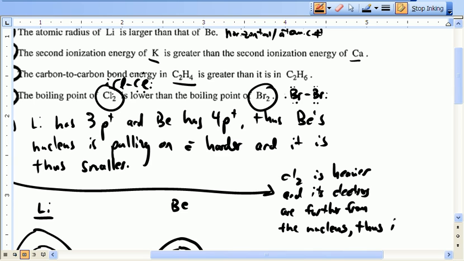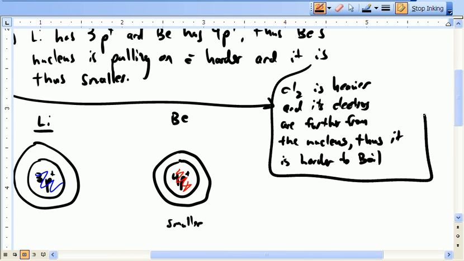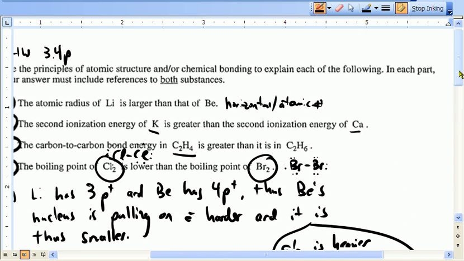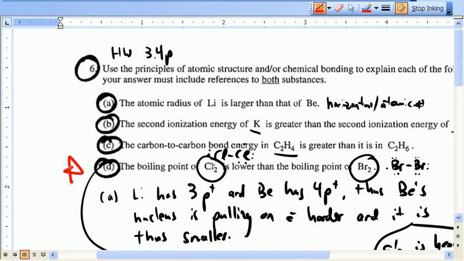Thus, it is harder to boil. Okay, I'm going to go over this more in class, so I want you guys to put a nice little star next to it. Just write down the explanation that I showed you, and you should be fine.